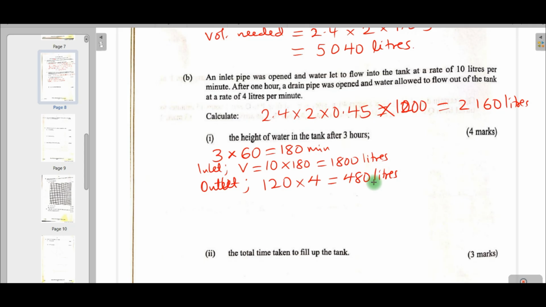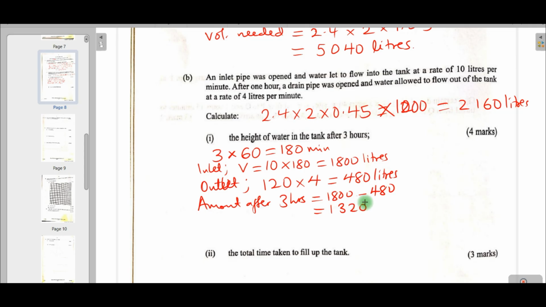So the amount after 3 hours will be what the inlet pipe has let in minus the outlet. So we subtract and we get 1,320.